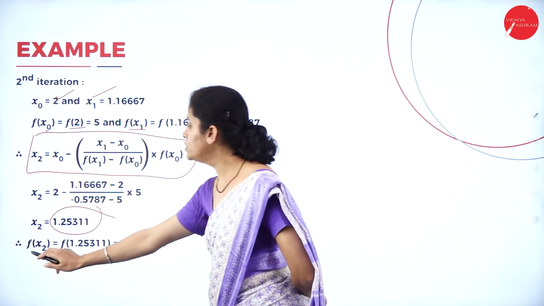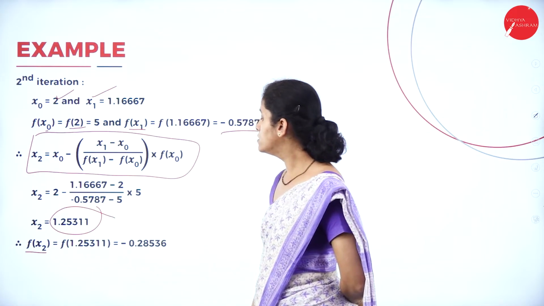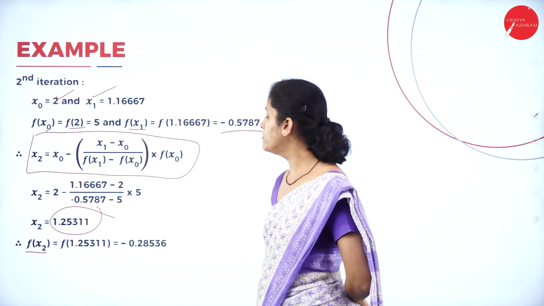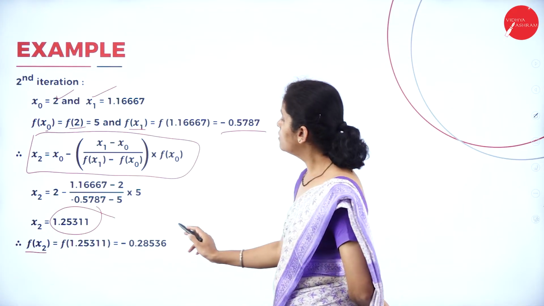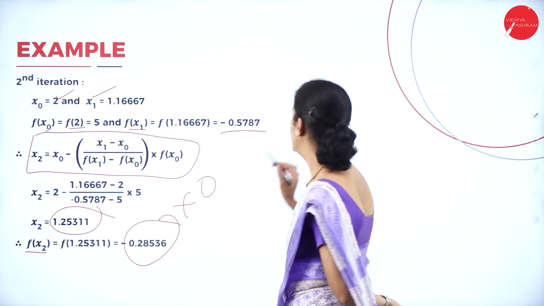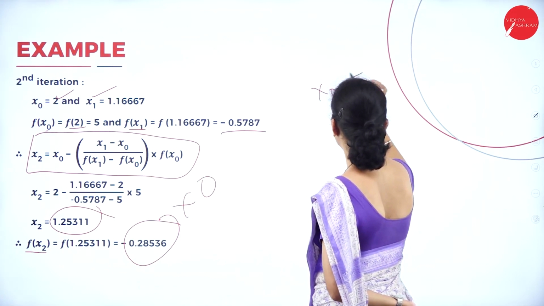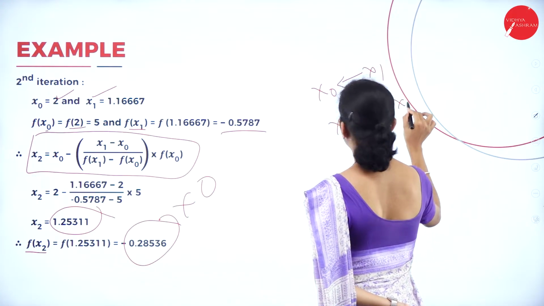And when I substitute this in my f of x, I'm going to get the answer 0.028536. Fine. Now this is not equal to 0, so I just want to swap.